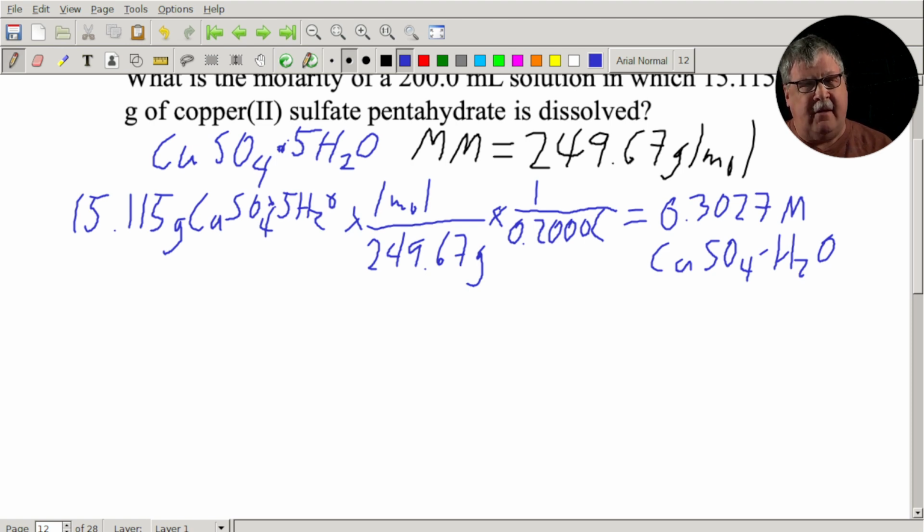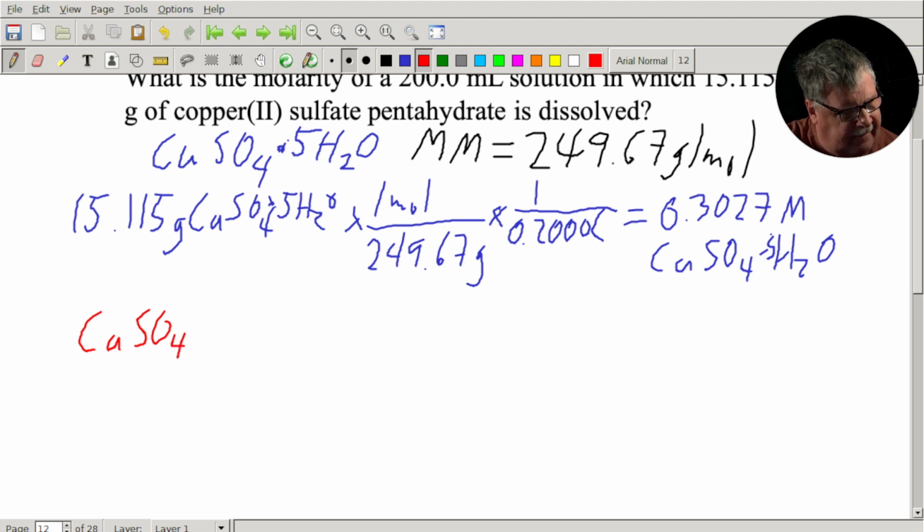So here's what I could ask you. I want to figure out the concentration of the copper 2 ion given the molarity of this solution. How am I going to do that? I should say this is 5H2O. How do I figure this out? Here's what I want to think about. What happens when I dissolve copper 2 sulfate pentahydrate?